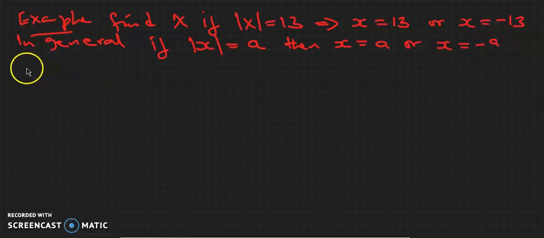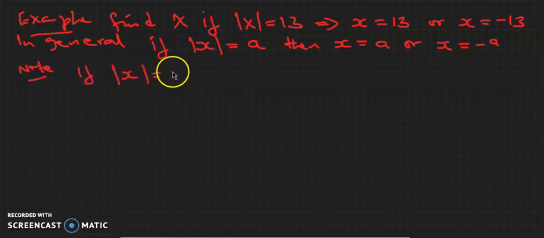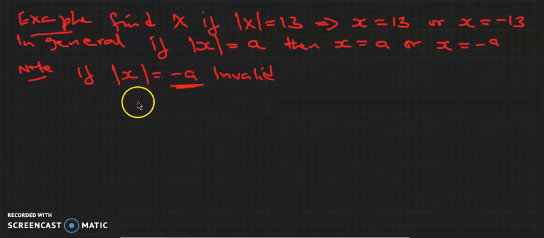Note, if the absolute value of x is equal to negative a, this is invalid, because the absolute value, the actual distance, the magnitude, cannot be a negative value.